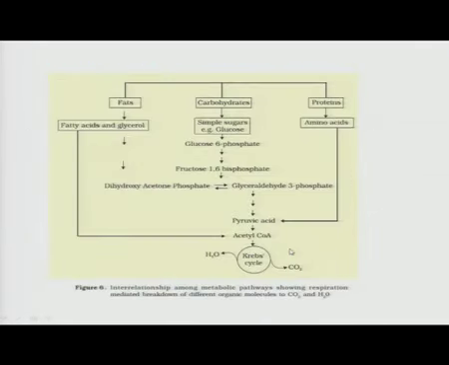In this slide, carbohydrate, which is the most common respiratory fuel, is converted into a simple sugar, that is glucose, which is easily available in our body. That is converted into glucose 6 phosphate, fructose 6 phosphate and finally, it undergoes the Krebs cycle.